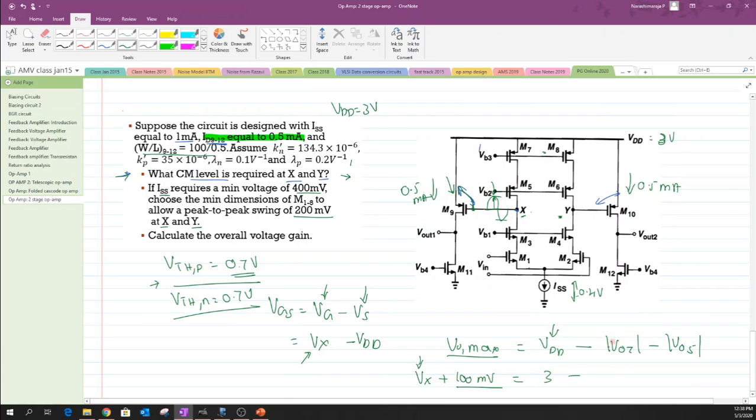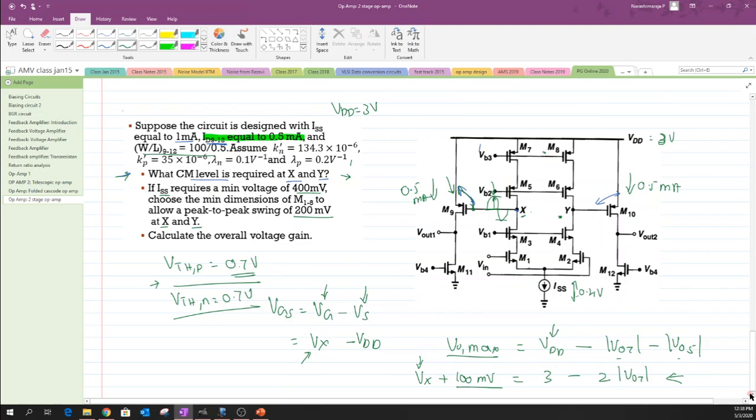So we know this value and we know this value and we know this quantity which is 3 volt. The only unknowns are these VOVs, and because both M7 and M5 carry the same current, we could assign both the VOVs to be the same and club them by a factor of 2, and one could evaluate the value of VOV7 based on this calculation.